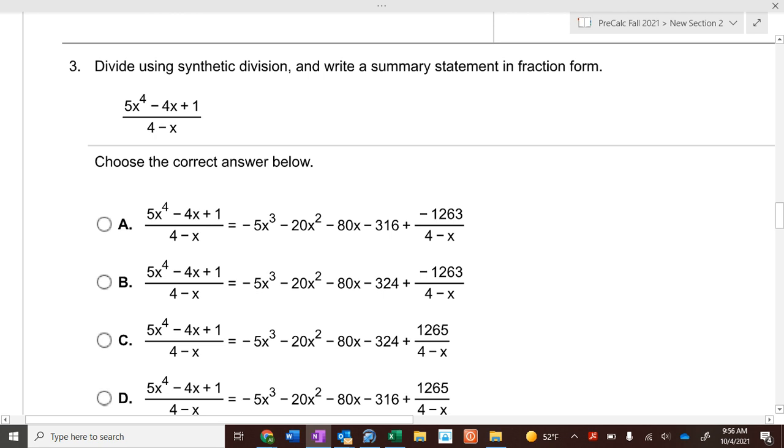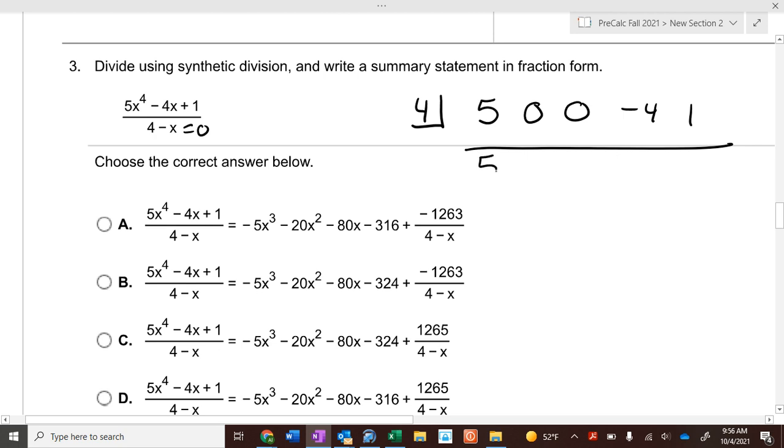Okay? If we set this equal to 0, what do we get? Positive 4. So we have 5. And then see how we skip over from x to the fourth all the way to x to the first? So we have to put in zeros for x to the third, x to the second, negative 4, 1.